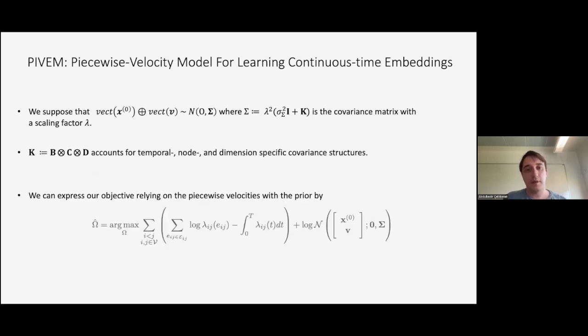By combining the log likelihood of this non-homogeneous Poisson process with this log prior, we can define our objective function, learn the initial positions and velocities, and obtain the representations of the nodes in continuous time space.